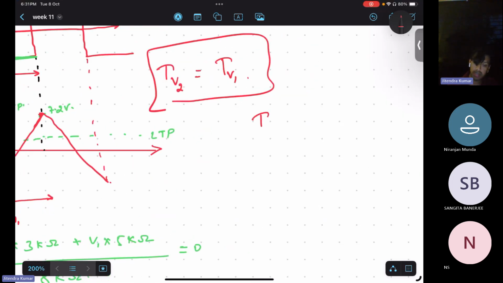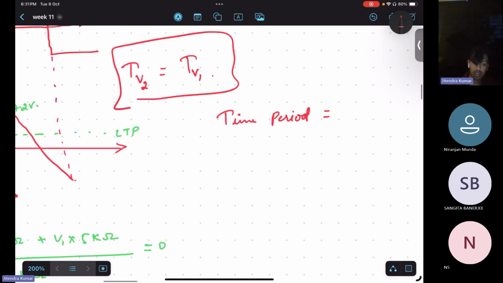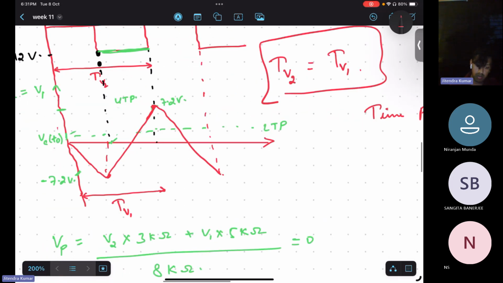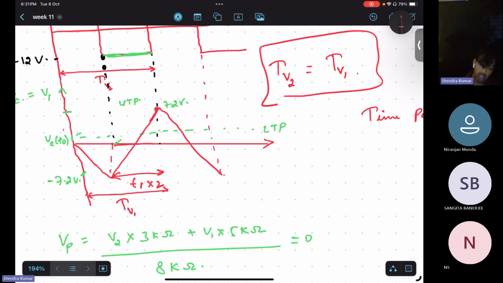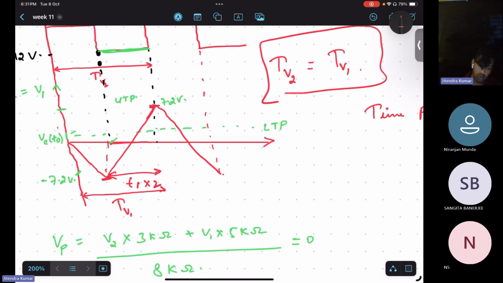So time period will be equal to how much the slope is rising using one time constant like this, T1. If we consider that, we can multiply it by 2. Okay, so UTP minus LTP, this is UTP, this is LTP.